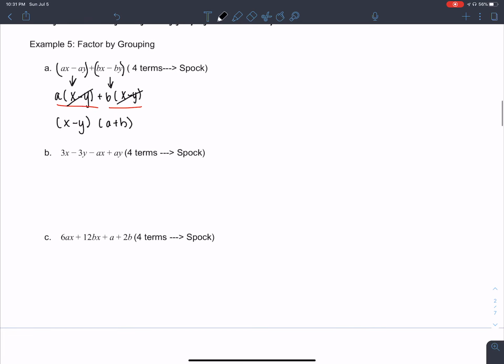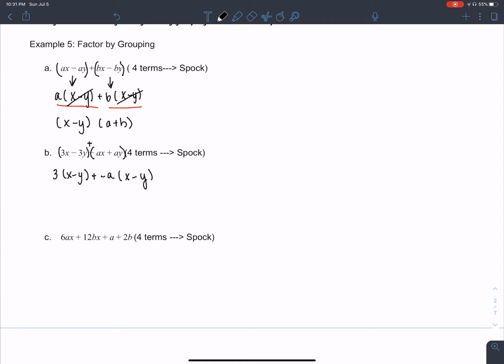Alright, let's do it again. Now, this time there's a minus sign. So, I'm going to Spock it, but when I Spock it, I'm going to take the minus sign with the second half and create a plus here. Take out the GCF of 3x minus y. Now, it's going to be plus, but anytime I have a negative in the middle, I'm actually going to take out a negative GCF, so it's going to be negative a, and I'm left with x minus y.